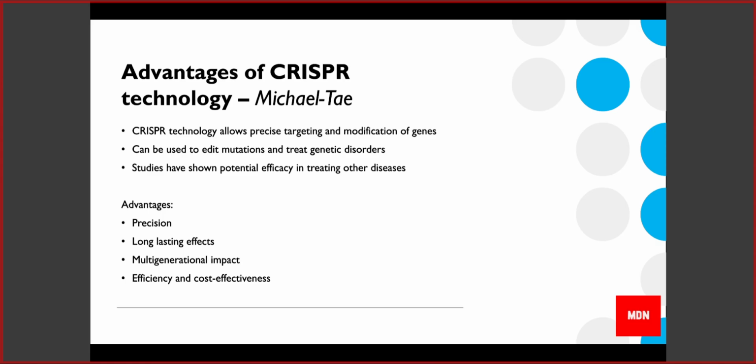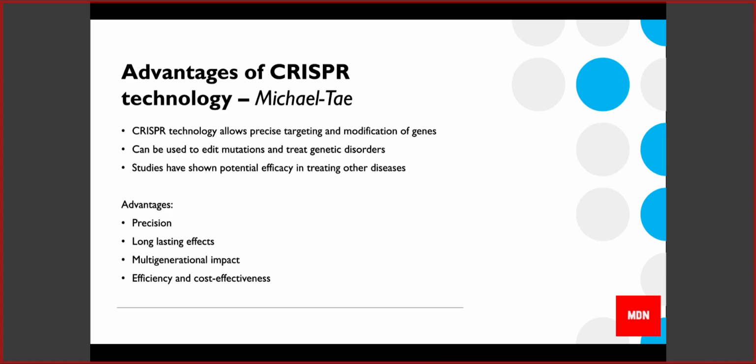So here are some advantages or benefits of the use of CRISPR to cure inherited diseases. CRISPR technology allows scientists to precisely target and modify genes with greater ease, speed, and cost effectiveness compared to previous gene editing techniques. The gene editing technology can be used to edit mutations in human cells and treat genetic disorders, including sickle cell anemia and muscular dystrophy, as previously discussed.